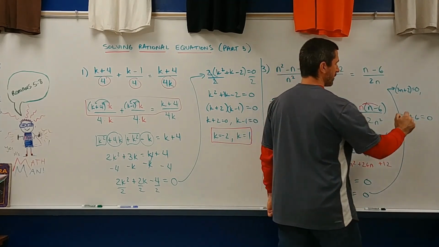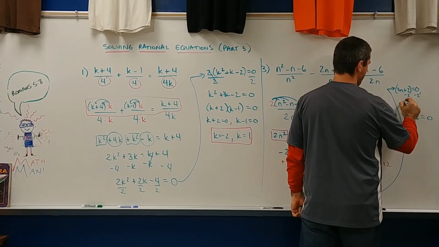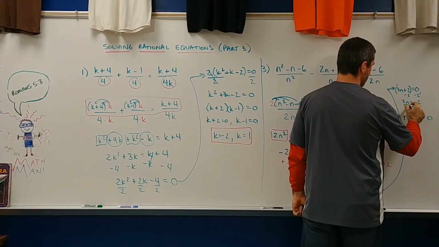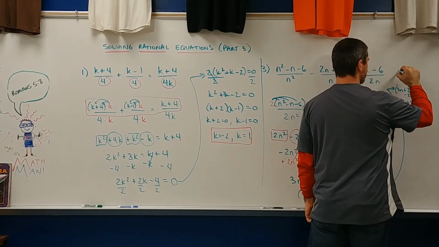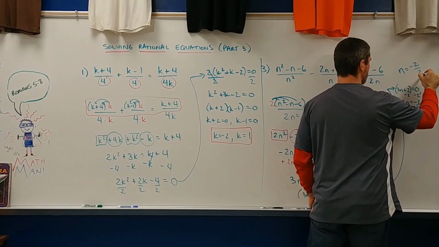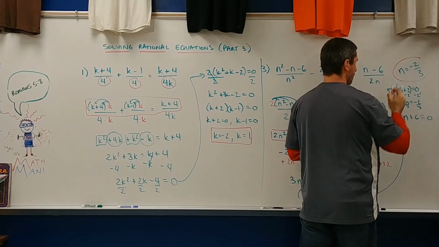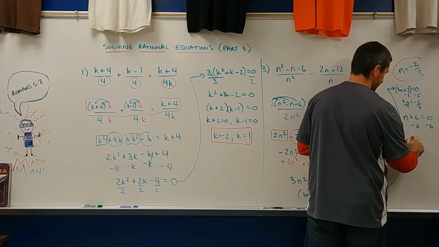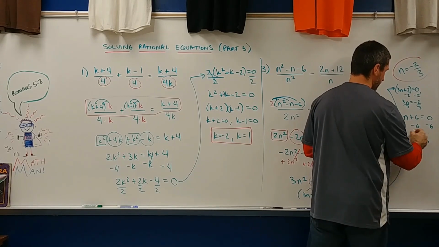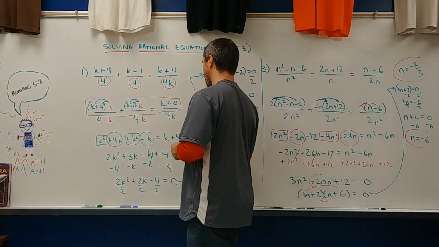Okay. Subtract 2, divide by 3. n equals negative 2/3. That's one solution. Over here, subtract 6. n is negative 6. We have to check now.